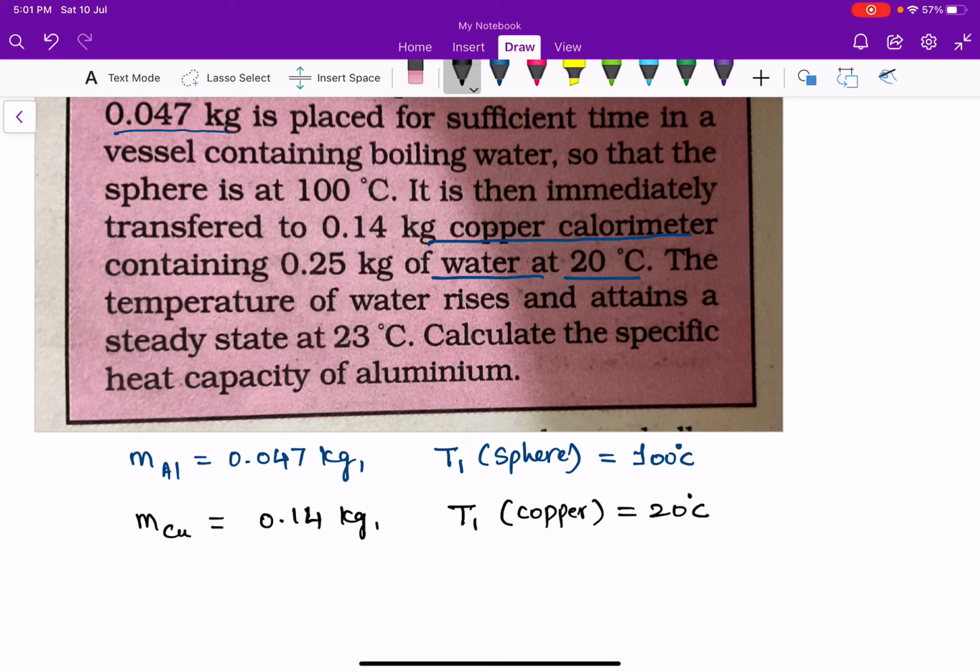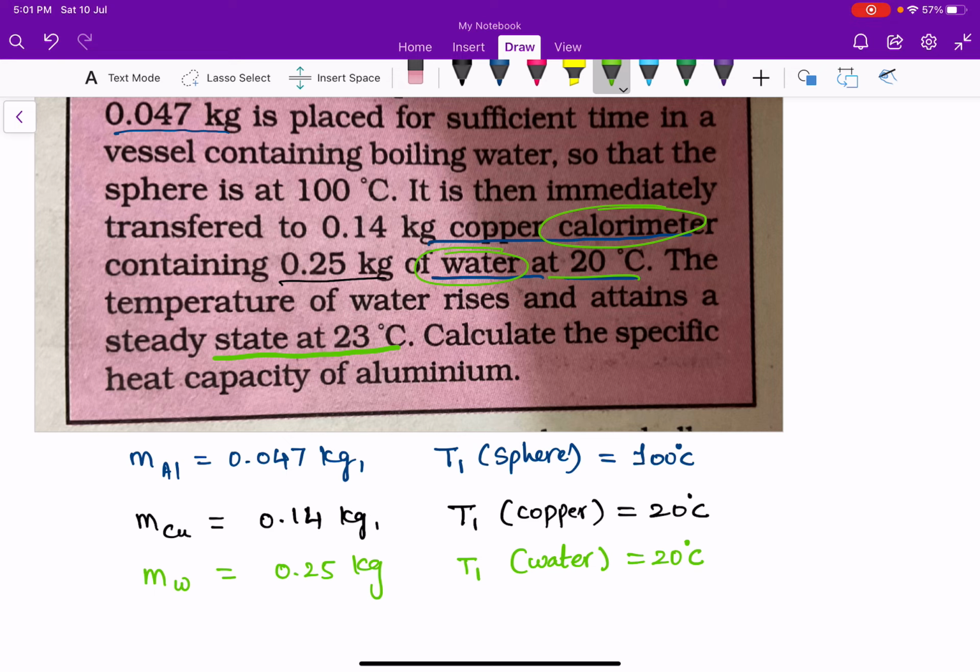For water, mass of water is equal to 0.25 kg, and initial temperature of water is 20 degrees Celsius. The temperature of water rises and attains a steady state at 23 degrees Celsius. Calculate the specific heat capacity of aluminum.